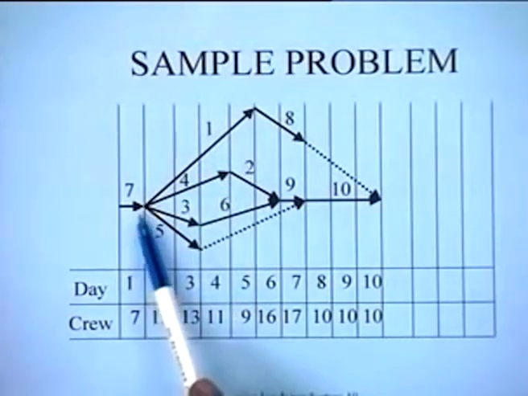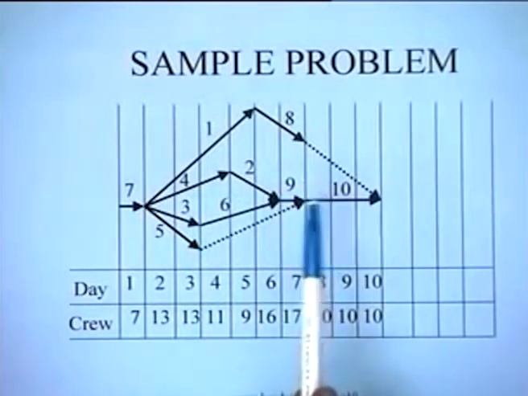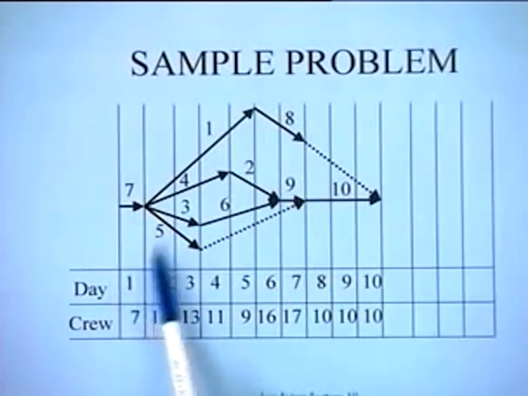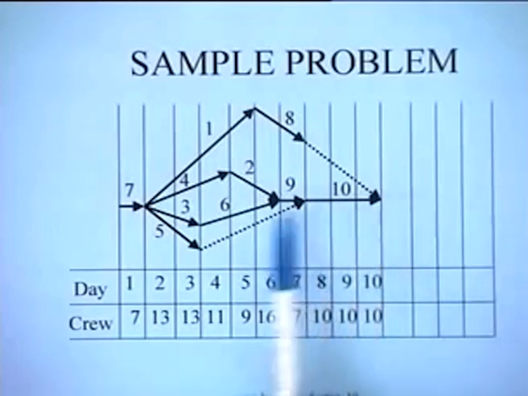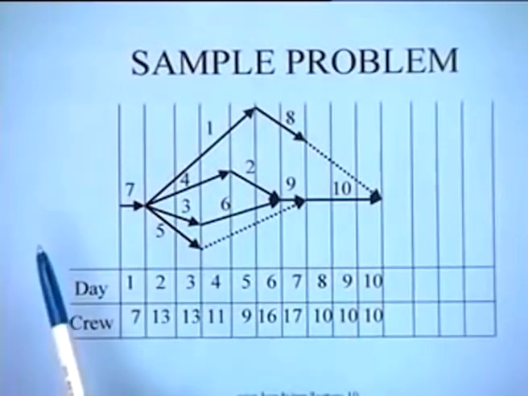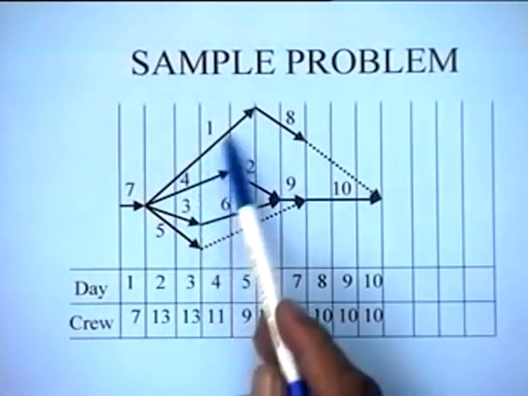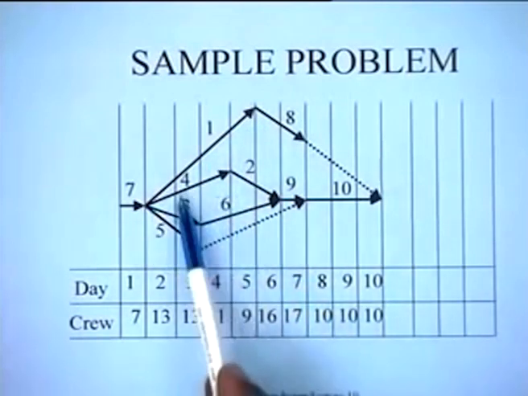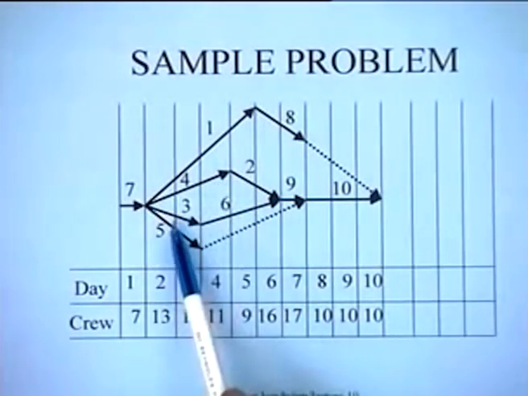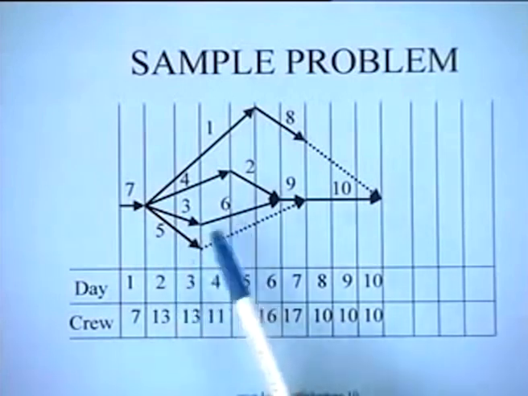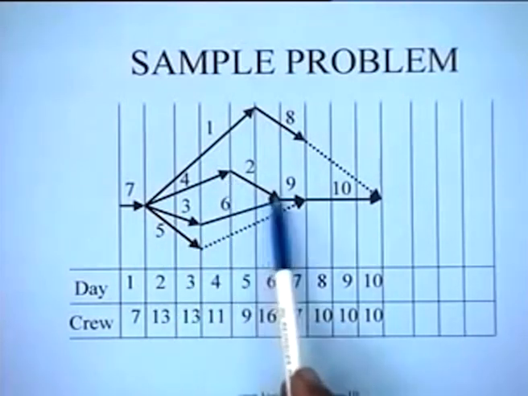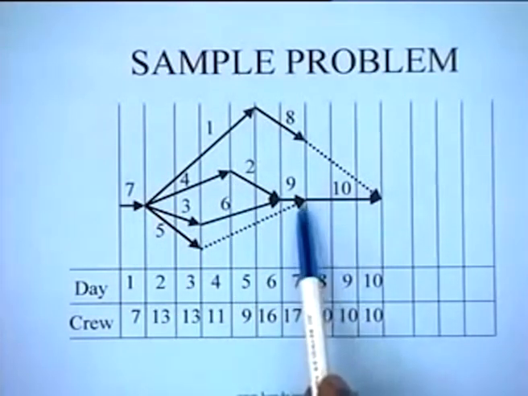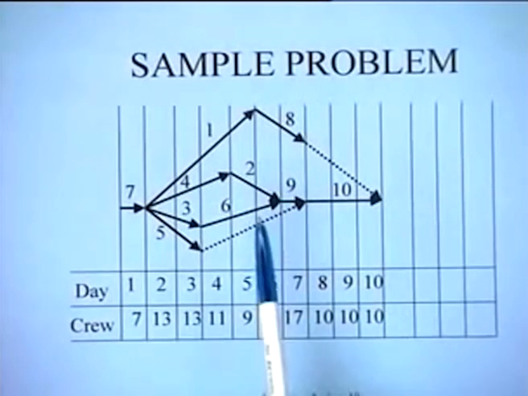The durations of each of these activities are indicated on this time scaled network. For instance, 7 takes only 1 day, 1 takes 4 days, 4 takes 3 days, 3 takes 2 days, 5 takes 2 days, 6 takes 2 days, 2 takes 2 days, 9 takes only 1 day, and 10 takes 3 days.